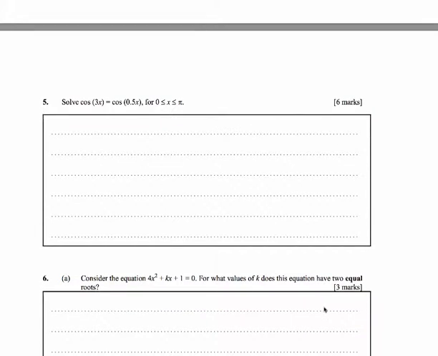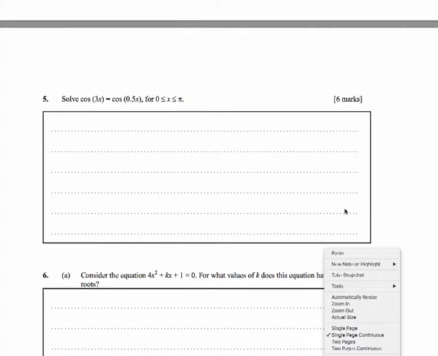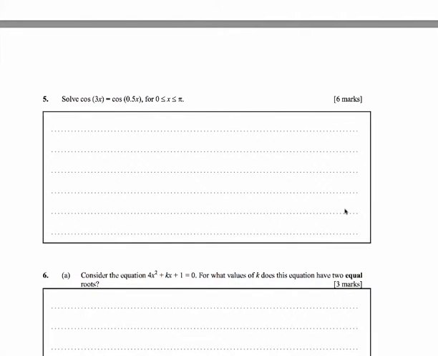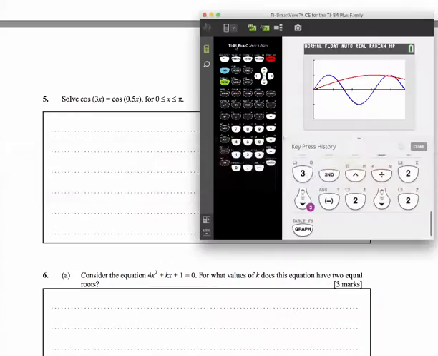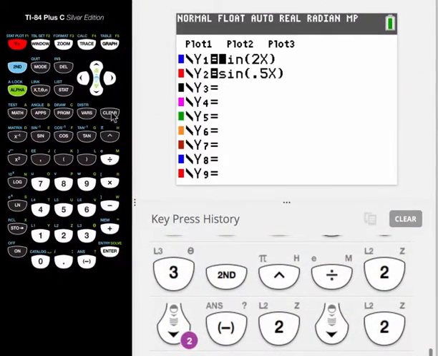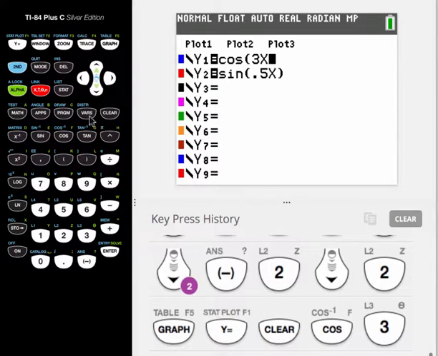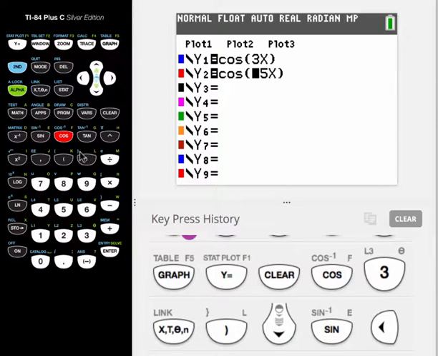Solve cosine 3x equals cosine a half x, for x between 0 and pi. This is GDC, so I'm definitely going to do this with the GDC. This does not look very nice. All right, so let's clear that. Cosine of 3x and, oh no, not sine, cosine of 0.5x.